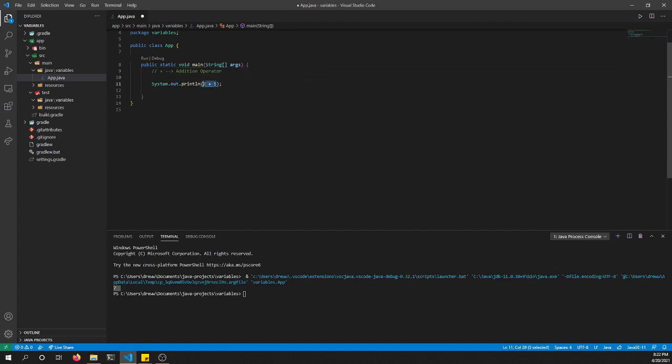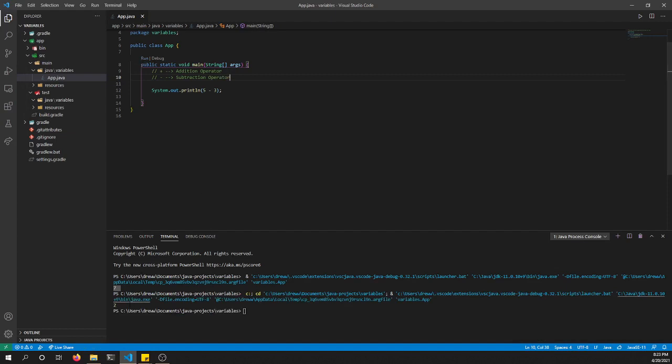We can also have subtraction, 5 minus 3. In this case, the minus sign is referred to as the subtraction operator. And if we run this code, we get 2 because 5 minus 3 is 2.